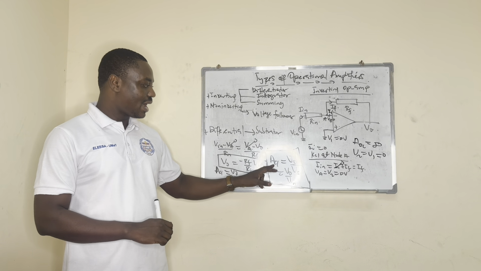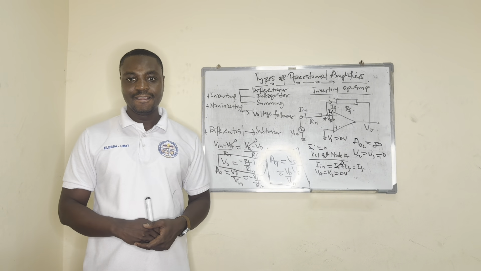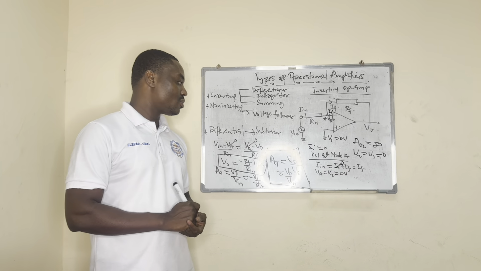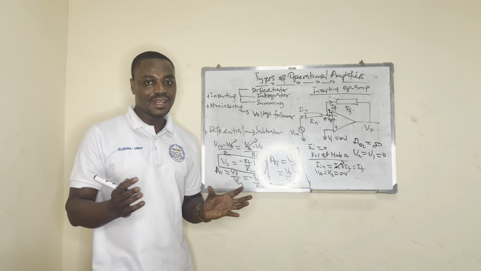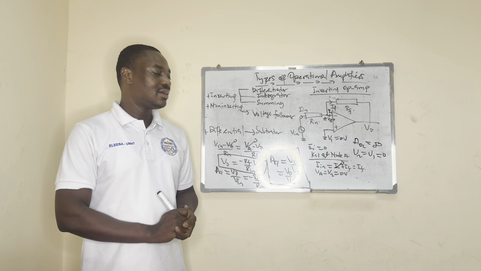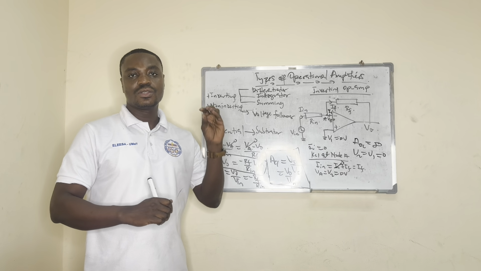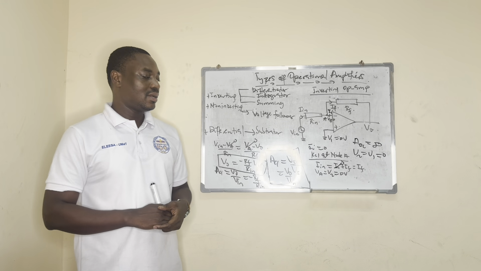And we also have another gain, the voltage gain, which we refer to as closed loop gain. When it comes to closed loop gain, just like any closed loop gain at all, the general formula is that you take the output signal over the input source signal.